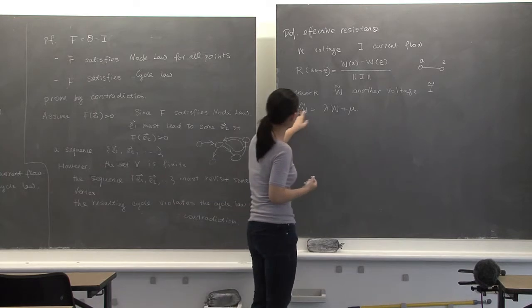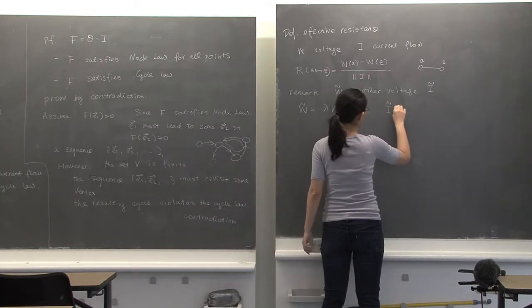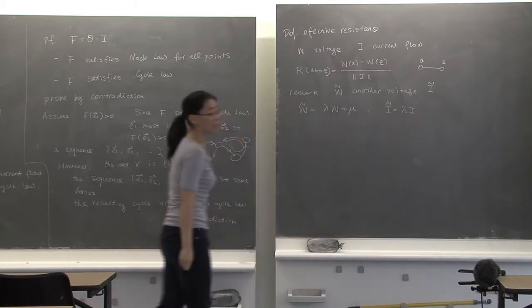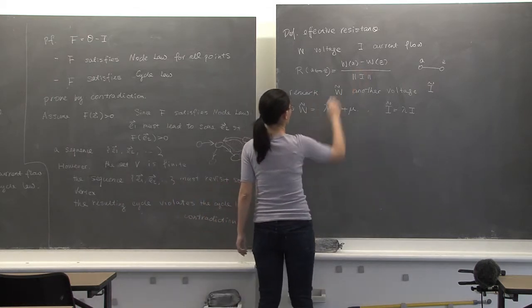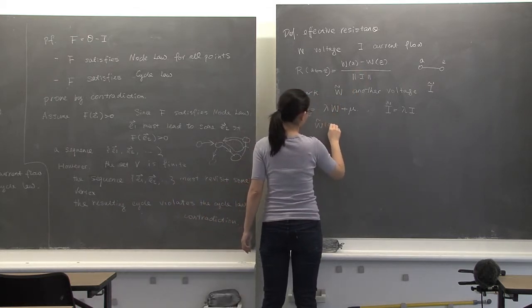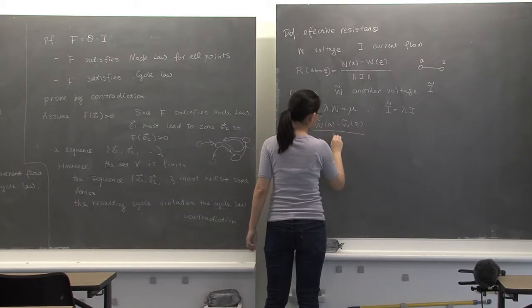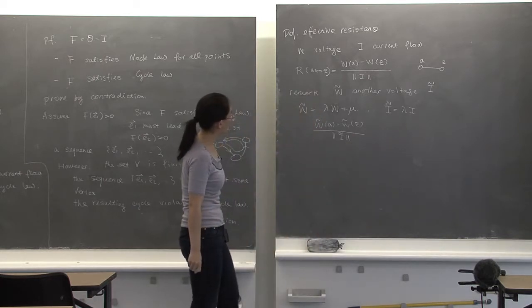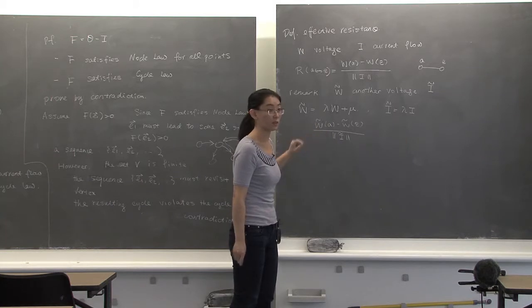So since W tilde has this relation with W, we know that the corresponding I tilde equals lambda times I. So then if we define the effective resistance in the right way, in the way of the right hand side, then this constant lambda will cancel in the denominator.